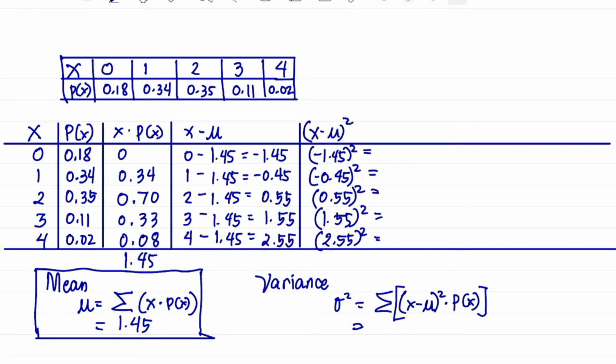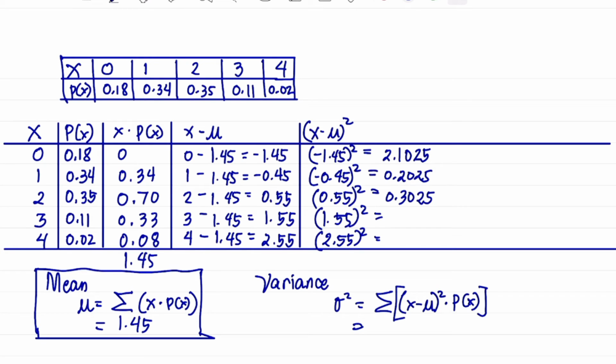Negative 1.45 squared, that is 2.1025. Next, negative 0.45 squared, that is 0.2025. Next, 0.55 squared, that is 0.3025.